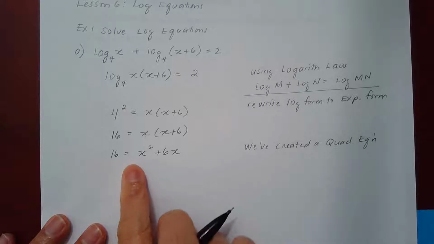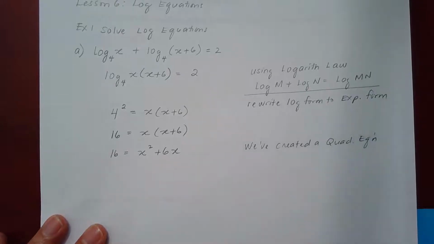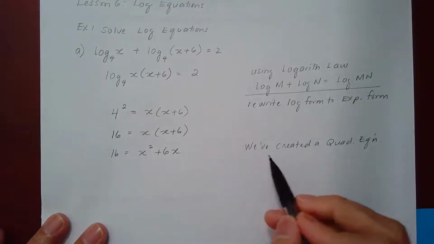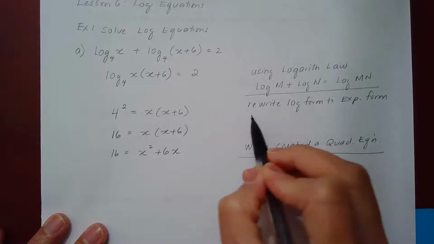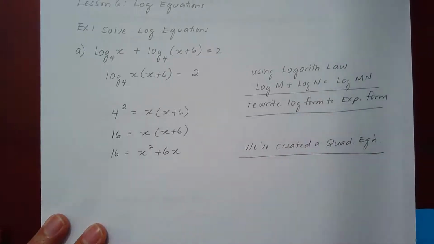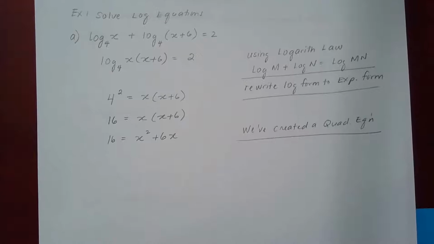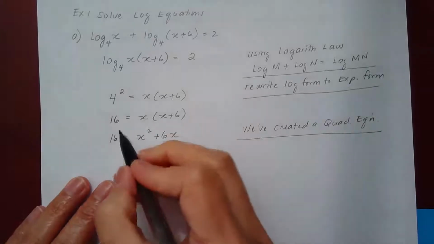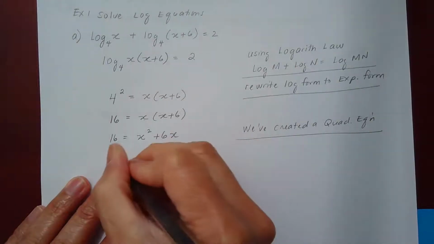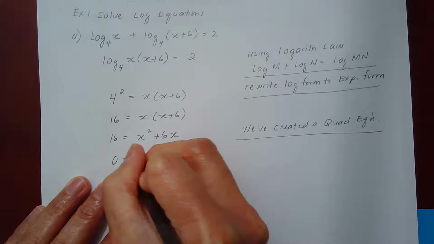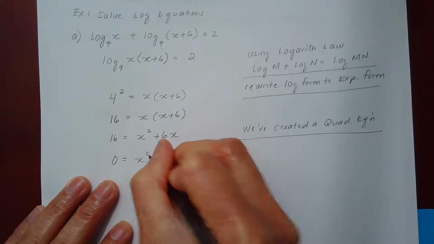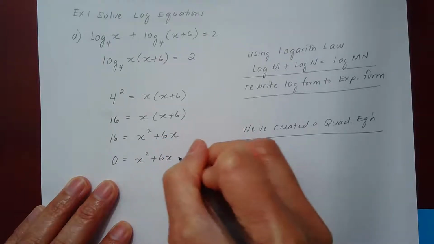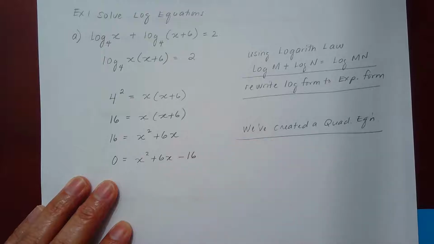This is something that we've already learned way back in grade 10 and grade 11, how to solve a quadratic equation. So we're going to bring this 16 to the other side of the equation, so it becomes x squared plus 6x minus 16.